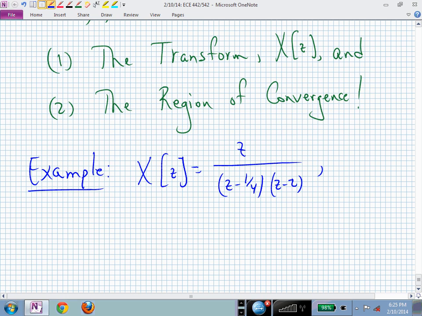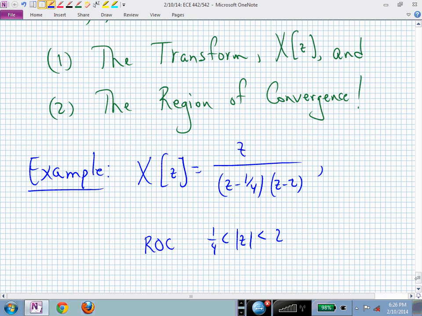It has to be interior to all the poles. And if it's two-sided, then we know that the magnitude of z is living between 1/4 and 2. And that's now the region of convergence I want to specify.